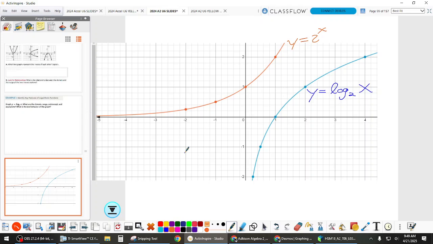Is the x-axis. So that's another thing that changes, because what kind of asymptote do we have for the log graph? Now it's a vertical asymptote. Over here, it's the y-axis, right? You guys remember all your asymptote stuff from the last chapter?